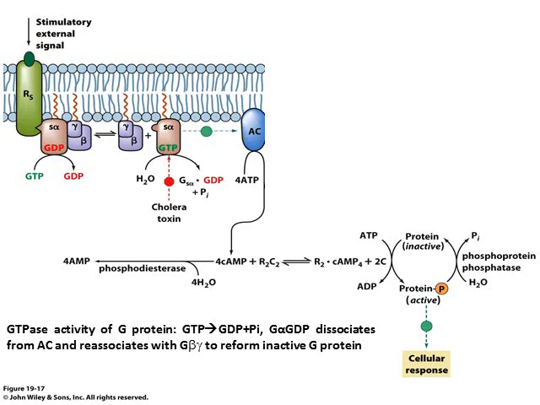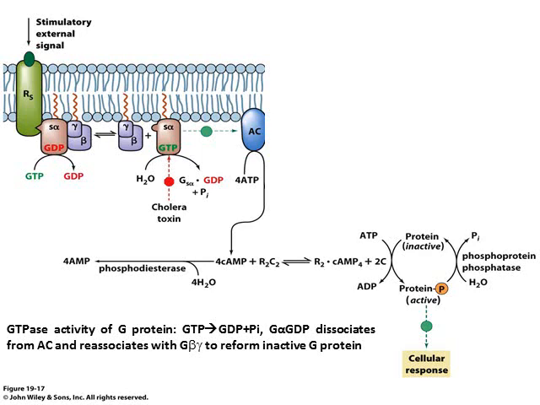The activated adenylate cyclase is going to hydrolyze ATP into cyclic AMP and the signal is amplified. Then the cyclic AMP is going to activate protein kinase A, which is going to phosphorylate other proteins, leading to a cellular response. This is in the case of a stimulatory external signal.